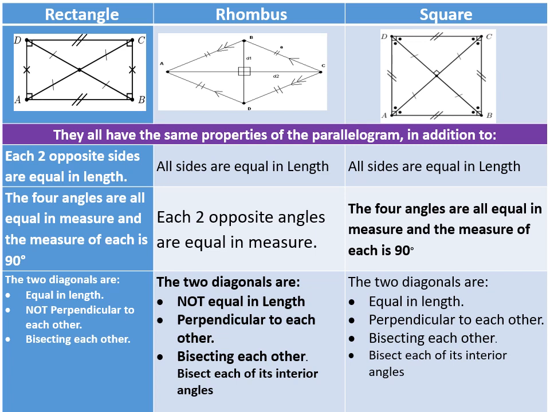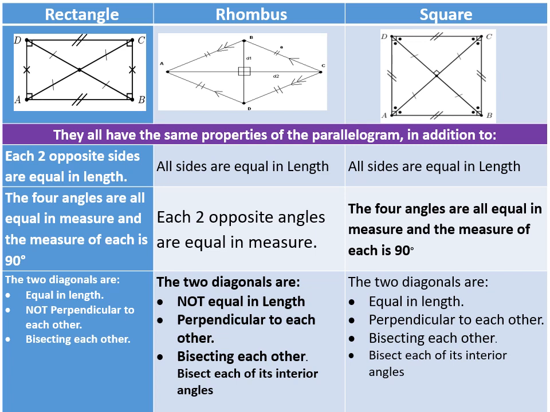In a rhombus, all sides are equal in length. Each two opposite angles are equal in measure. The two diagonals are not equal in length, but they are perpendicular to each other, and they bisect each other, and bisect each of its interior angles.